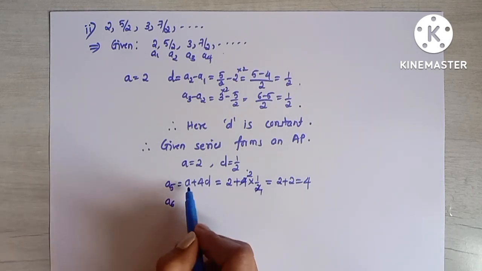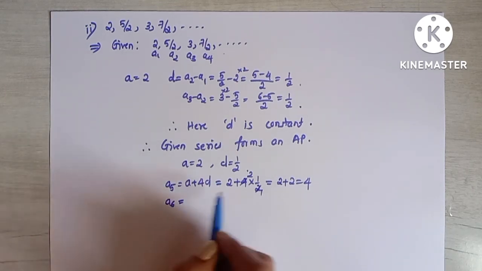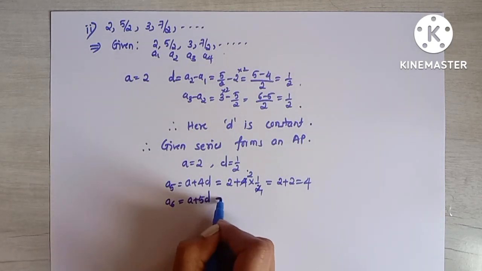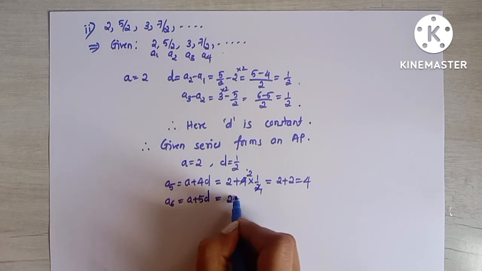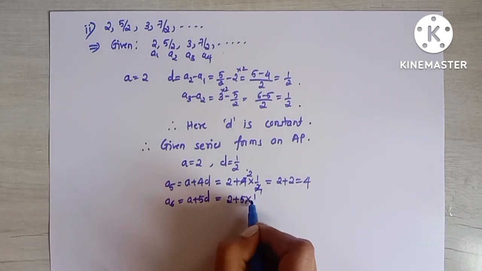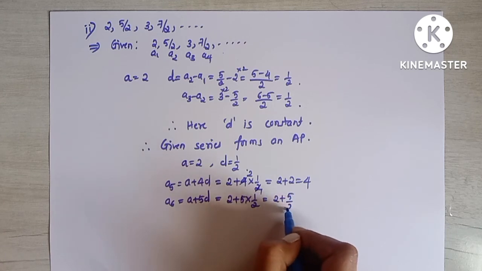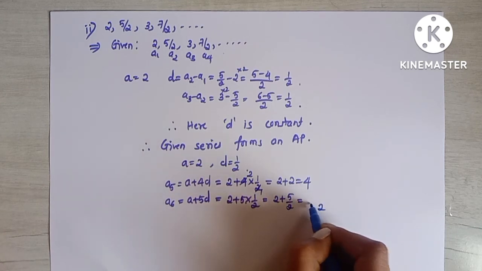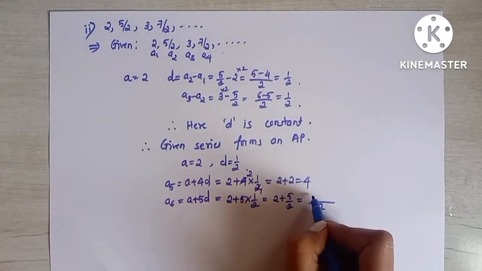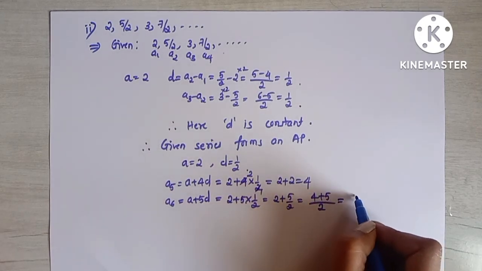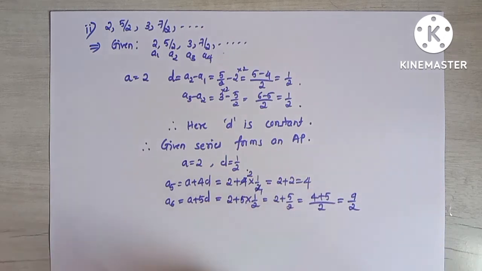If A5 is A plus 4D, next A6 will be A plus 5D. So A is 2 plus 5 into D, which is 1 by 2. So this will be 2 plus 5 by 2. Here the LCM is 2. 2 twos are 4 plus 5, that is 9 divided by 2.